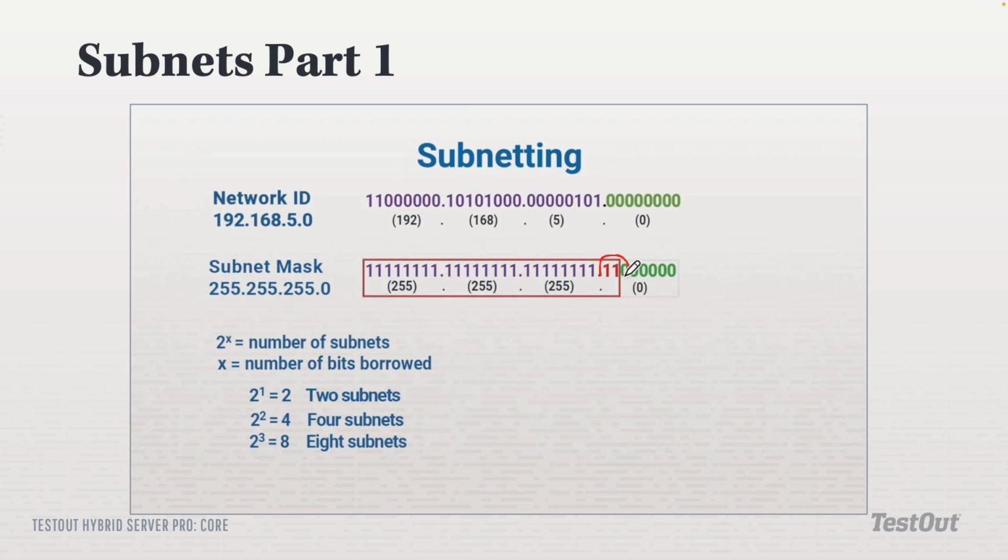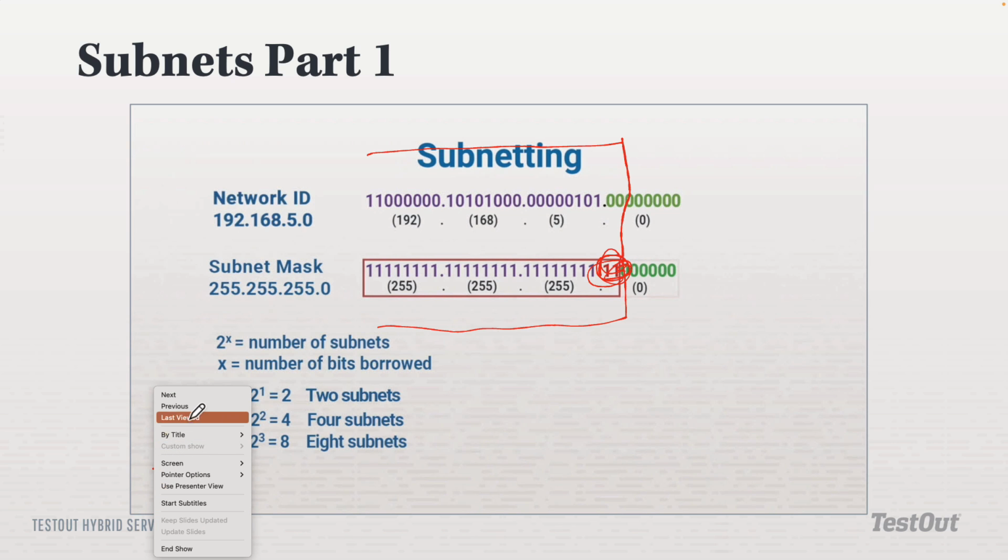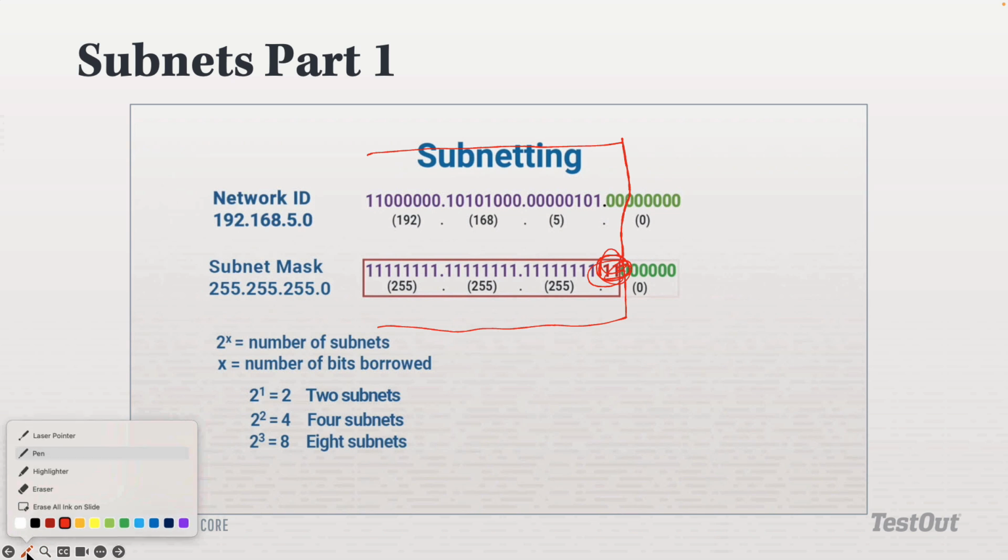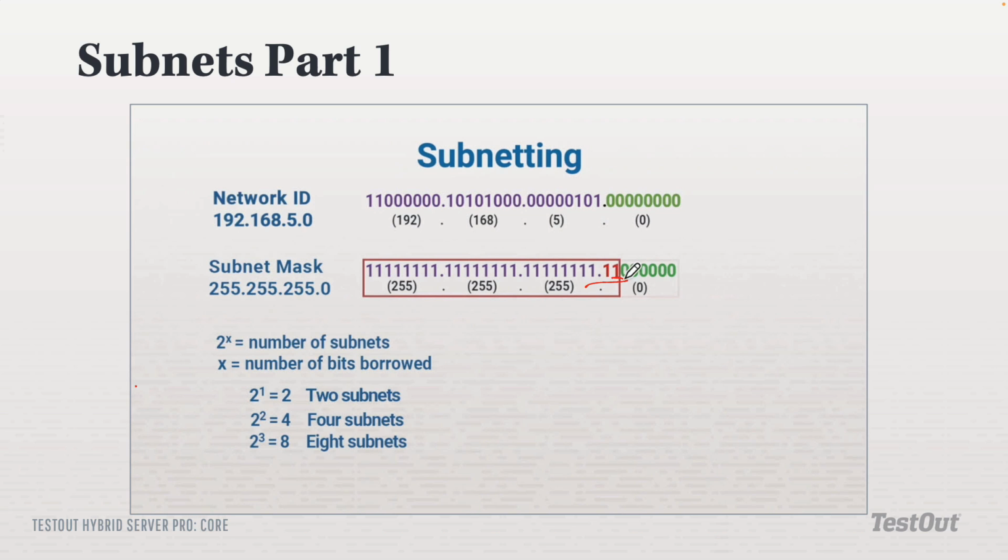We're borrowing 2 bits from our host, which means this portion will now be our subnet, because these ones down here are borrowing from our host section, okay? We are given just 255.255.255.0 as our standard network. If we only want 1 network, cool, that'll work. If we want more than 1, we have to borrow from our host section, okay?